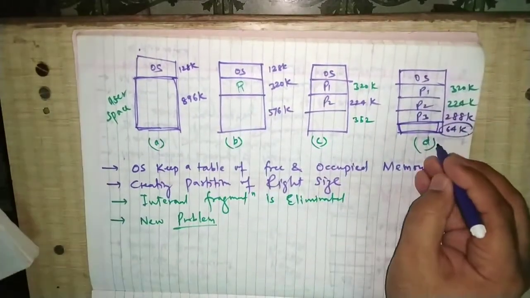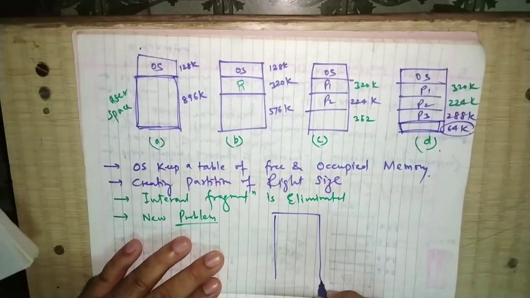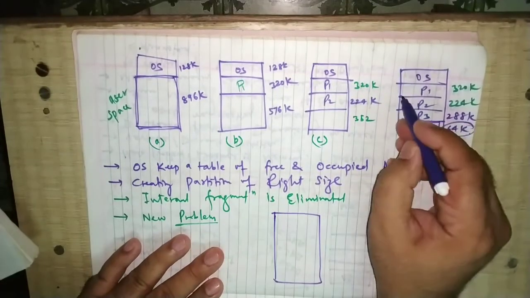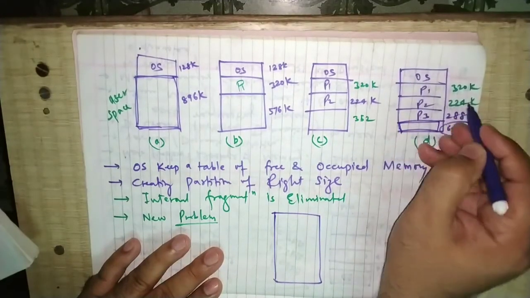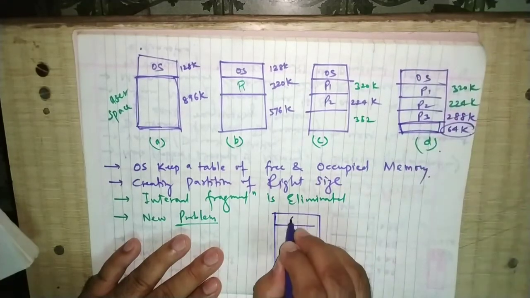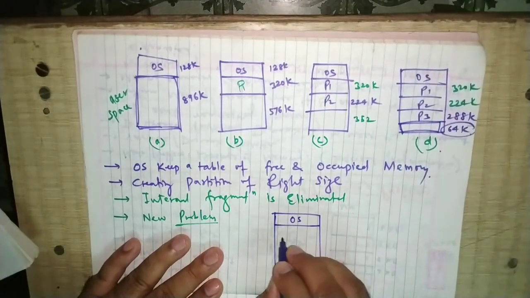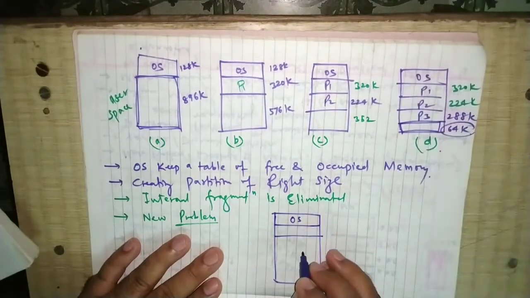After diagram D, we'll consider the next diagram. This is again main memory. Imagine process 1 has completed. It took 320k memory. So there is the OS, then process 1, which has completed, and process 3, which has also completed.